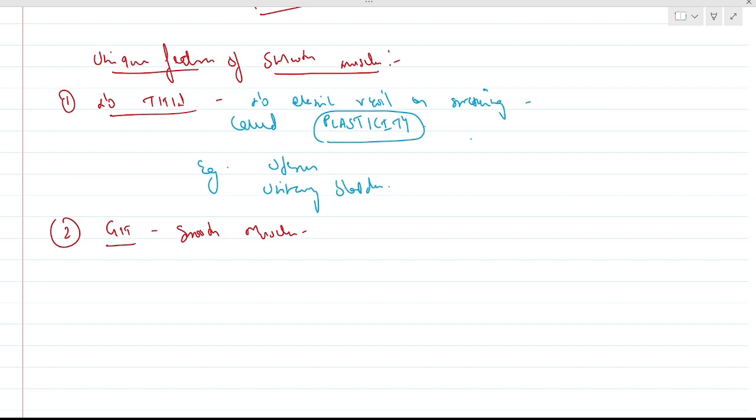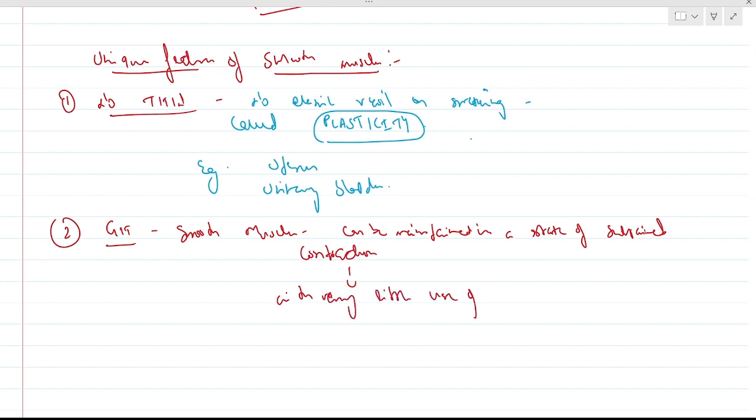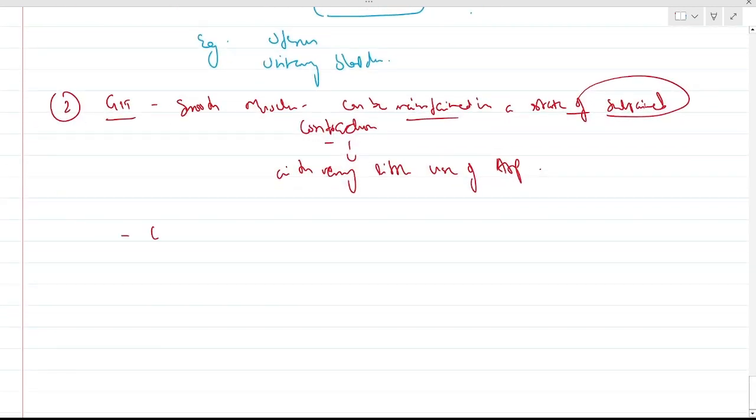They can be maintained in a state of sustained contraction with very little use of ATP. With very little use of ATP, this can be maintained in a state of sustained contraction in GIT smooth muscles. This is called our latch bridge phenomenon.